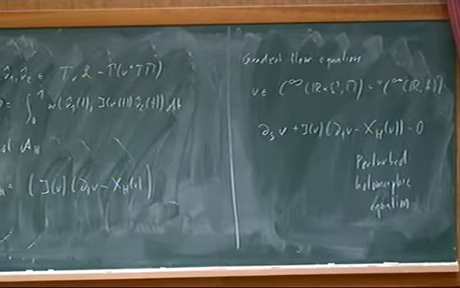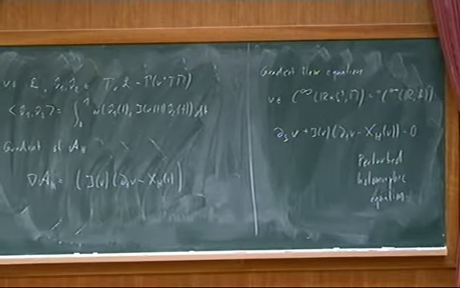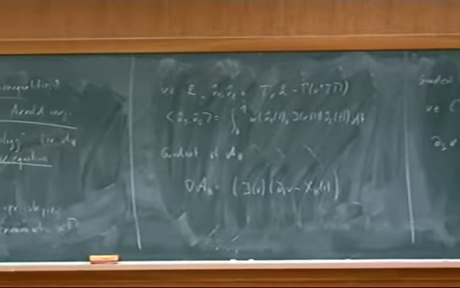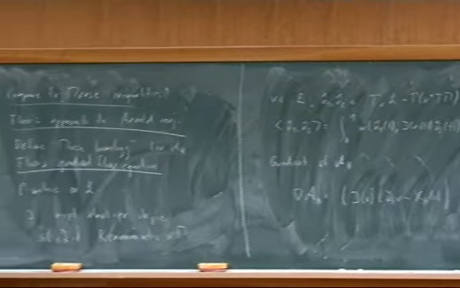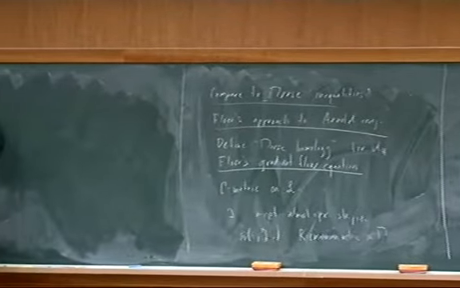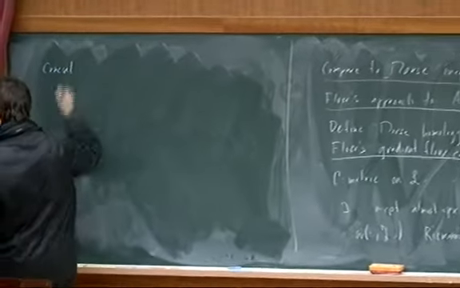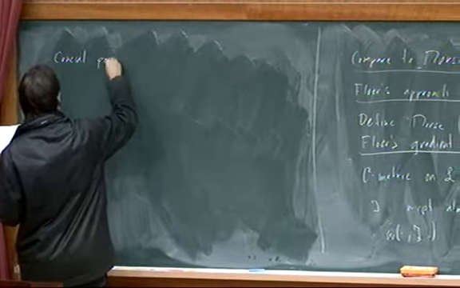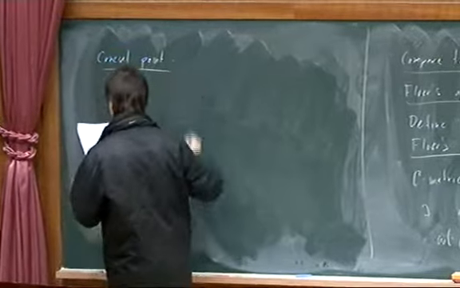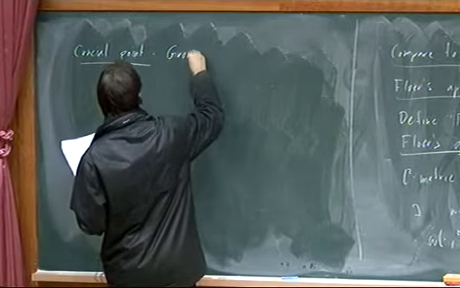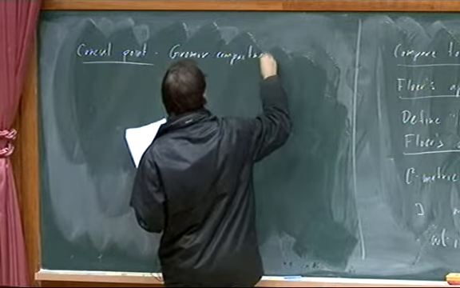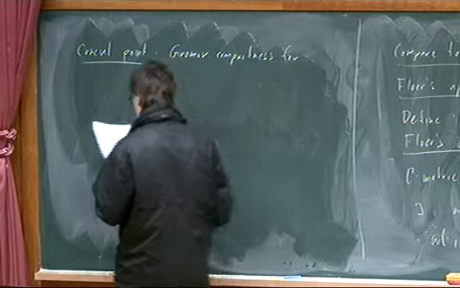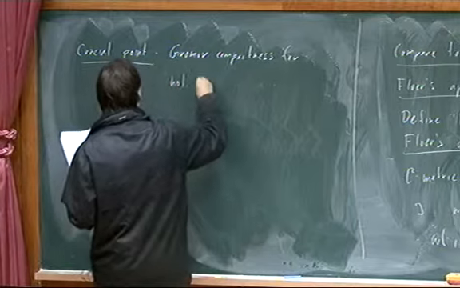Here in the fixed period problem, H might depend on time. So the crucial point is Gromov compactness for holomorphic curves.